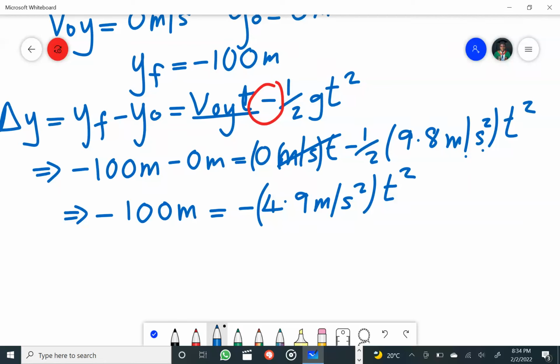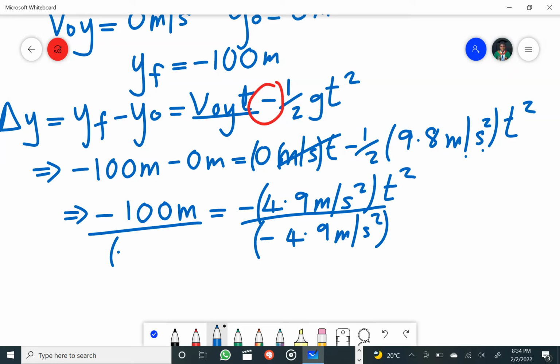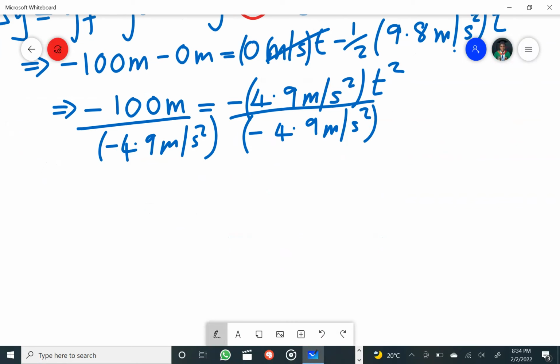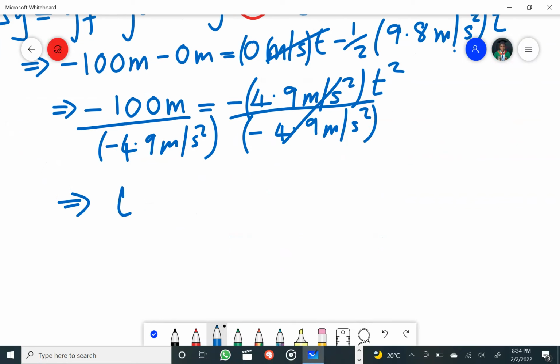So just divide both sides, and take note that I'm maintaining all my signs.